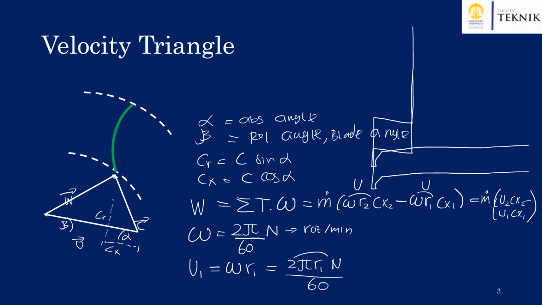Since 2 times radius is equal to diameter, we can write it down as π d1 rpm of the blade divided by 60. This is also applied for the outlet, so u2 is equal to π d2 rotation of the blade divided by 60.